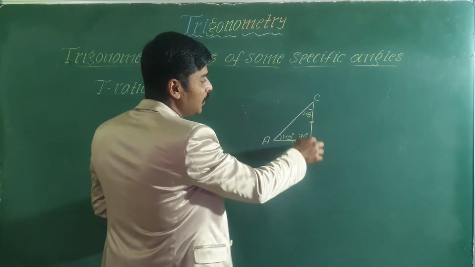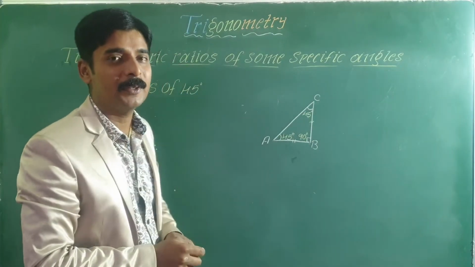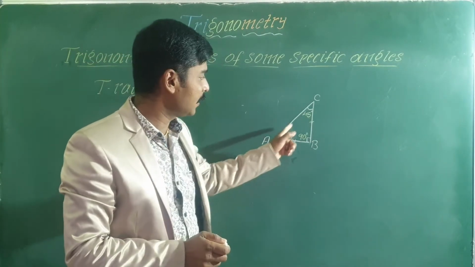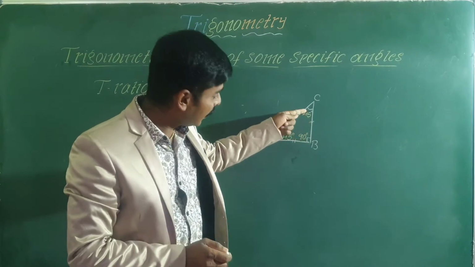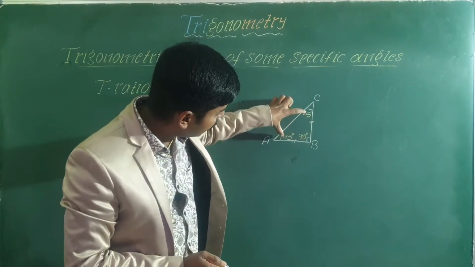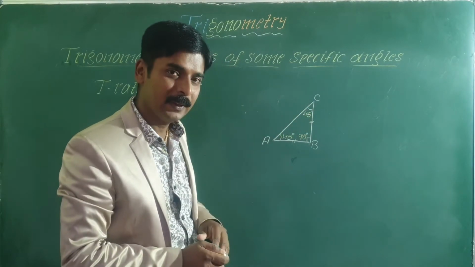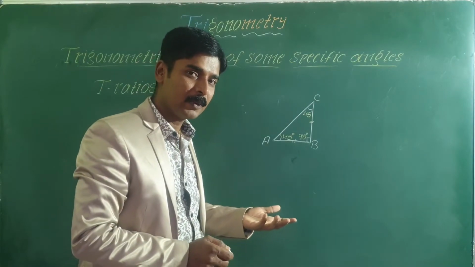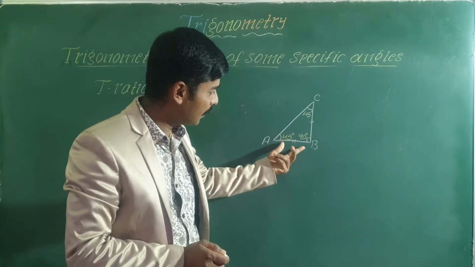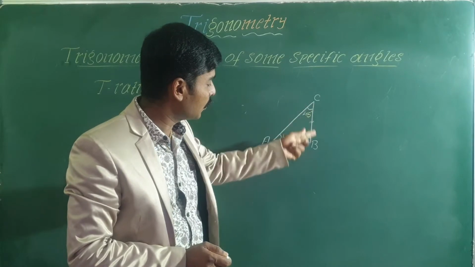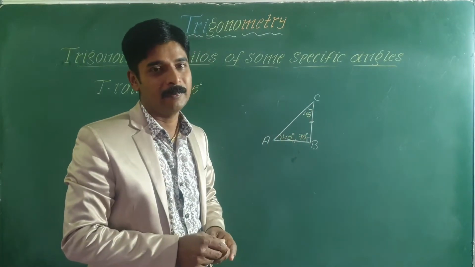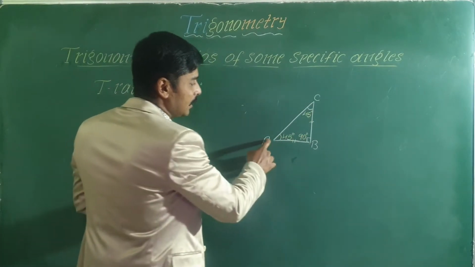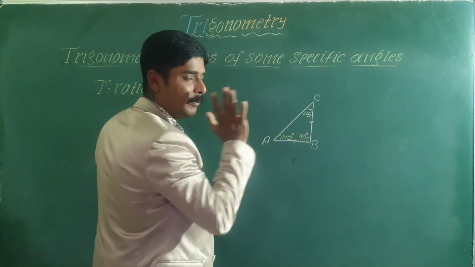AB must be equal to BC. That is one of the properties of a triangle. If two angles are equal, then the sides opposite to equal angles are always equal. And the converse is also true. That is, if two sides are equal, then the angles opposite to equal sides are equal. Okay, now this AB must be equal to BC.